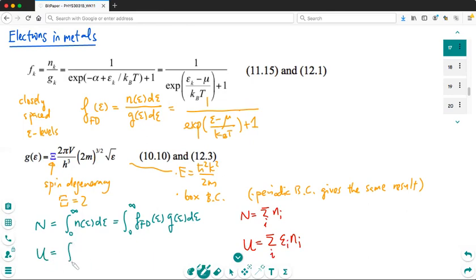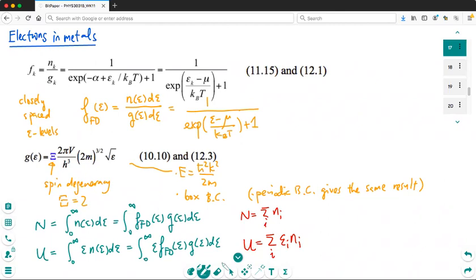So we have the integral of epsilon n of epsilon d epsilon. Okay, and then just copy down everything here. You have this epsilon, this occupation function, g of epsilon d epsilon.